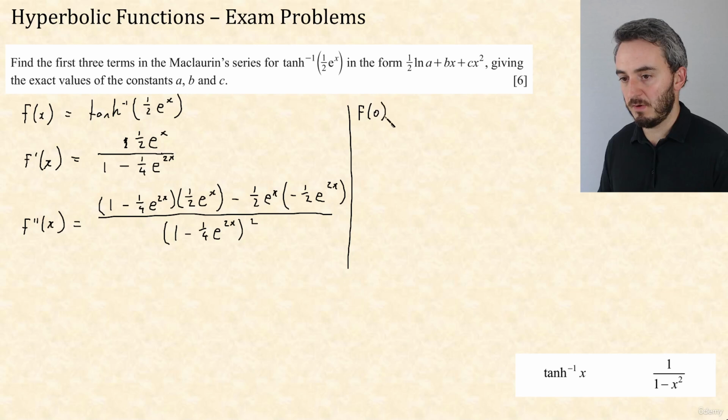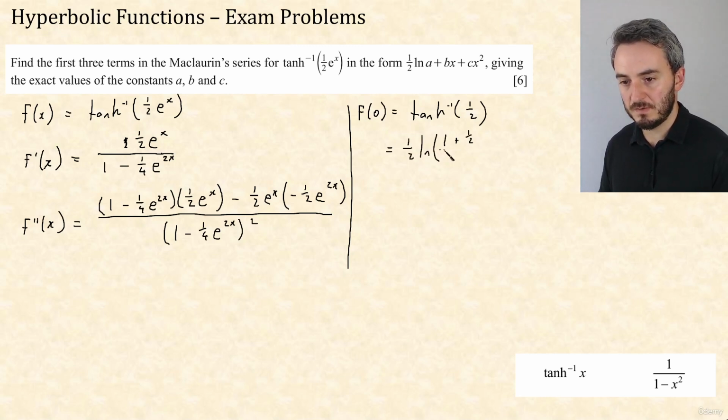So f of 0 is artanh of half e to the 0. So that's artanh of a half. But artanh of x is half of ln 1 plus x over 1 minus x.